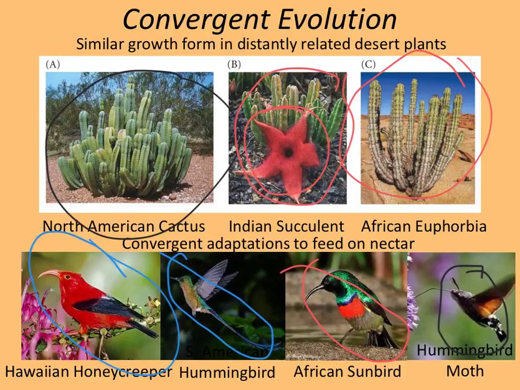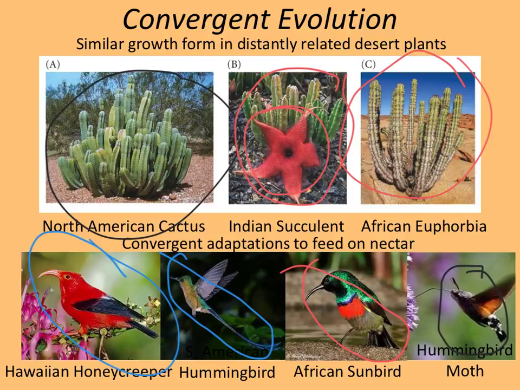The same thing goes with these nectar feeders. They all occupy what's called the same niche. A niche is like an occupation and also a place kind of where you live. So, not a habitat where you live.